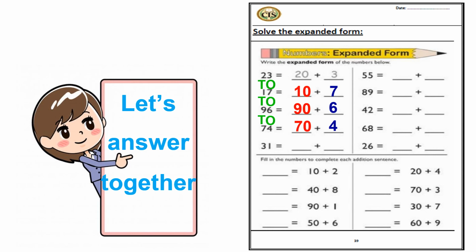I have here 31. First, I will write one sentence. So 1 is ones and 3 is tens. What can I do? I will write 3 with 0 and 1 only without any 0. The rest of this part is homework.